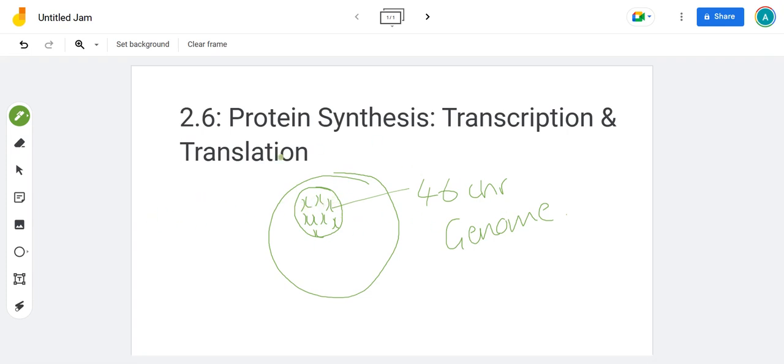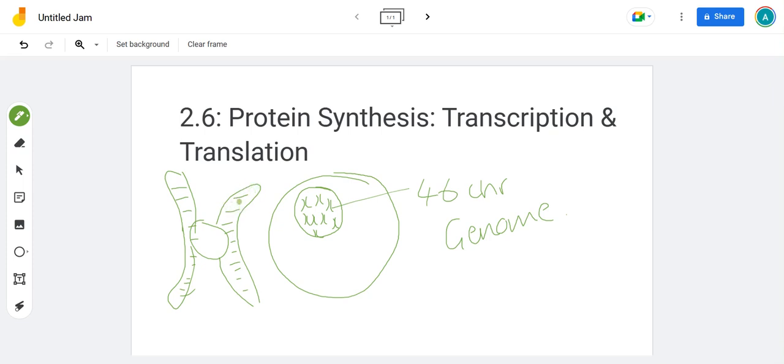So if you remember, when we zoom in on a chromosome, sometimes when we draw chromosomes, we draw them with the stripes on them. And each of those stripes represents a different gene. So one chromosome contains loads of different genes. So this gene might be the instructions to make a protein that determines the colour of your eyes.